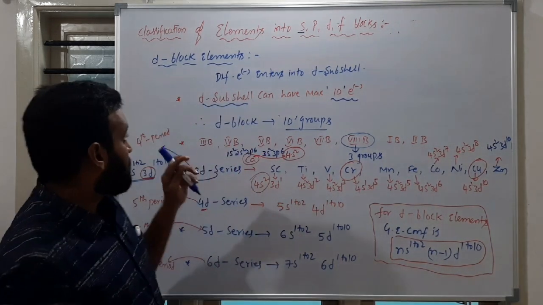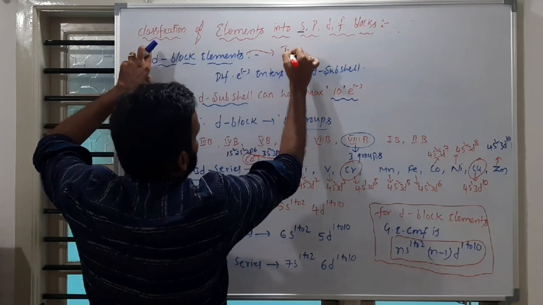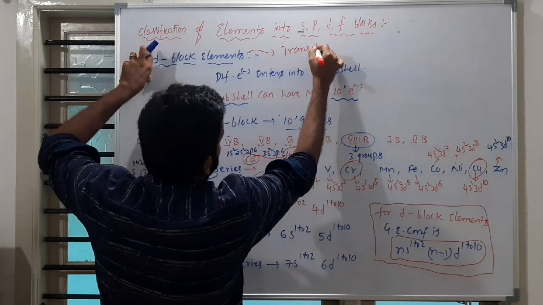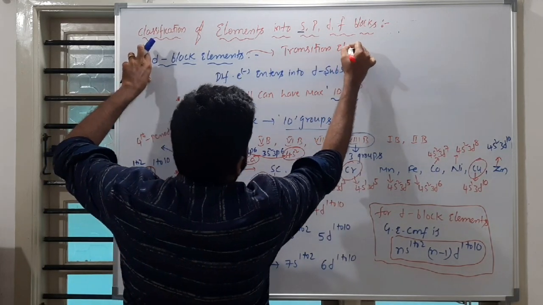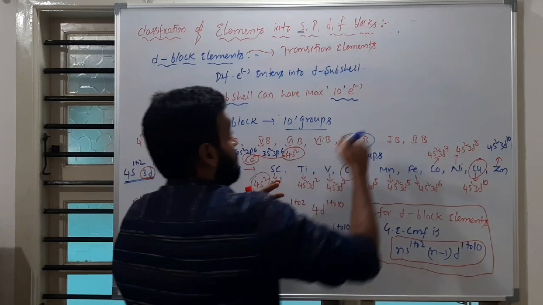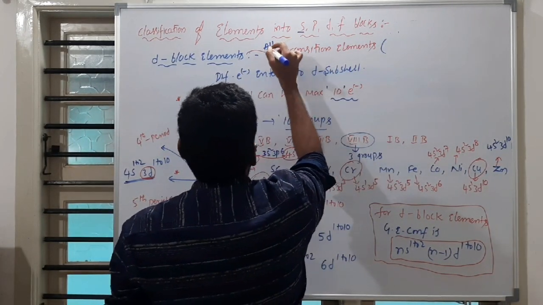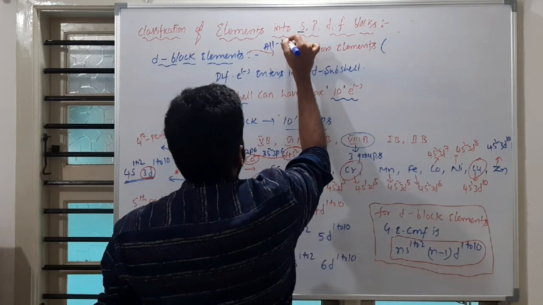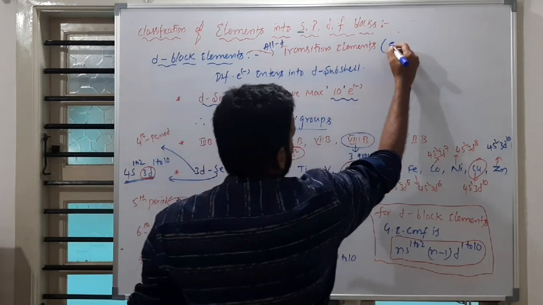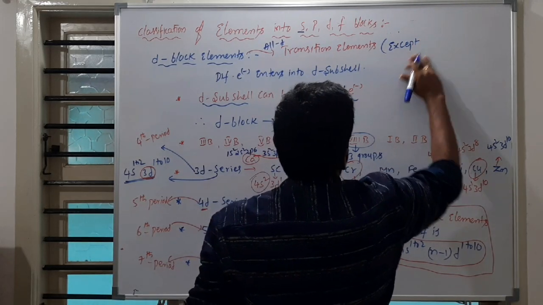Okay. These d block elements we also call transition elements. What are they called? Transition elements. All d block elements, but with some exceptions. Except, do you know what?